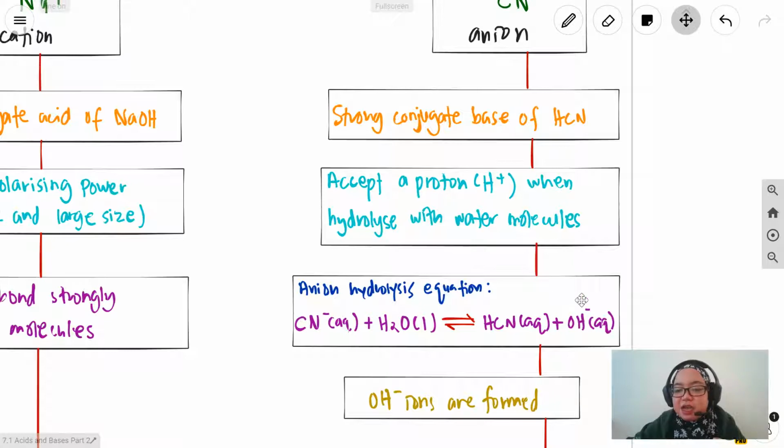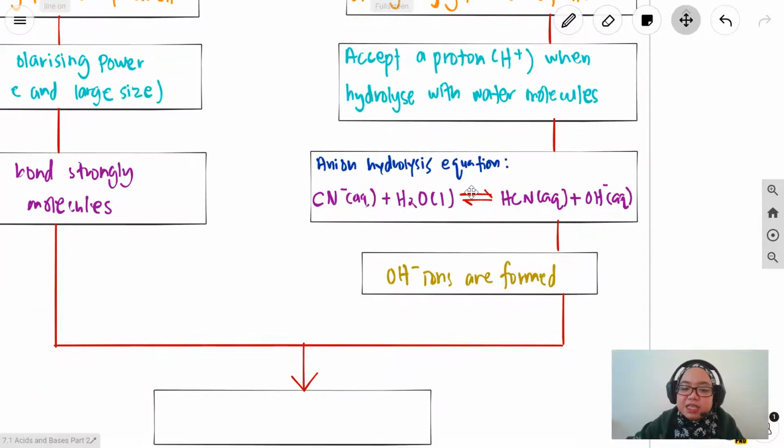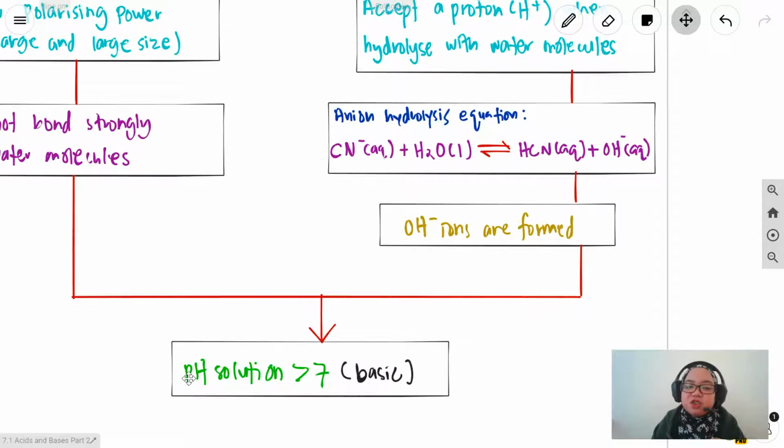So now it has OH-(aq), which means it will contribute to the basicity of the solution. So we can say that the pH of the solution will be larger than 7 and the salt is a basic salt, because it undergoes anion hydrolysis to form hydroxide ion.